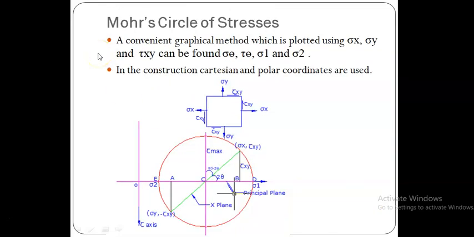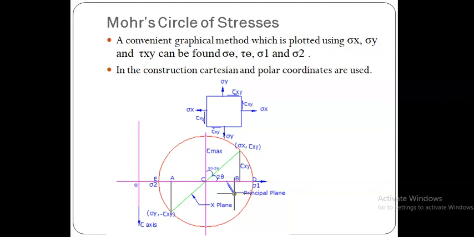Next, let us see the Mohr circle of stresses. It is a convenient graphical method which is plotted using sigma x, sigma y and tau xy, from which we can find sigma theta, tau theta, sigma 1 and sigma 2. So we can find the maximum and minimum principal stresses, the maximum and minimum shear stresses, and the various normal and shear stresses on different planes using the graphical method.